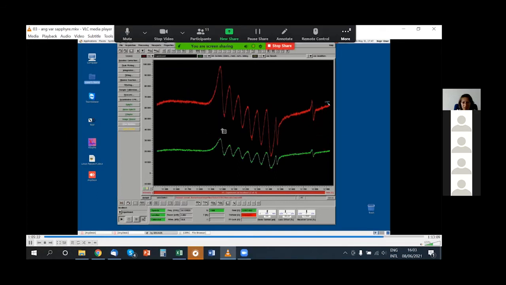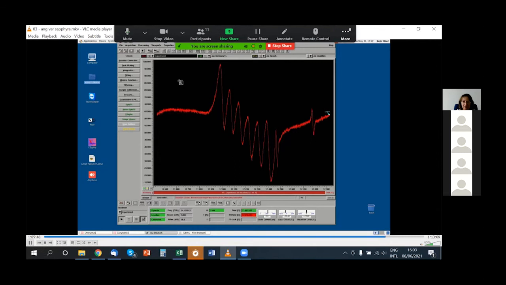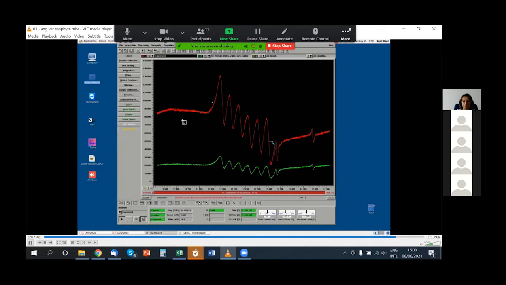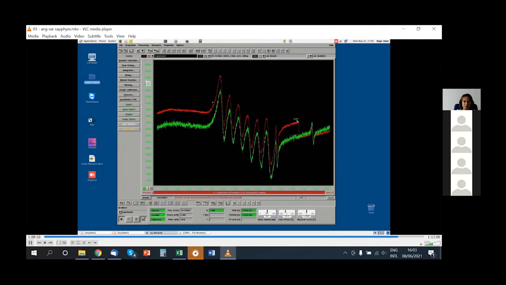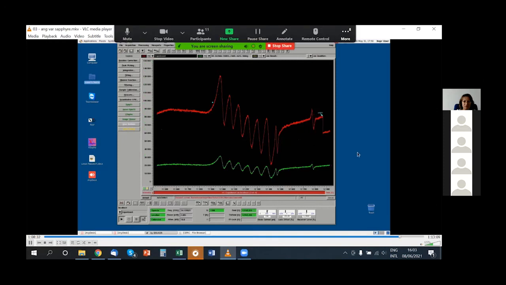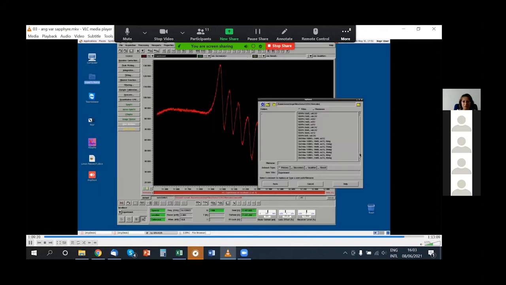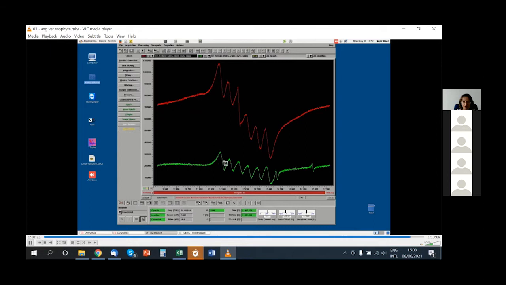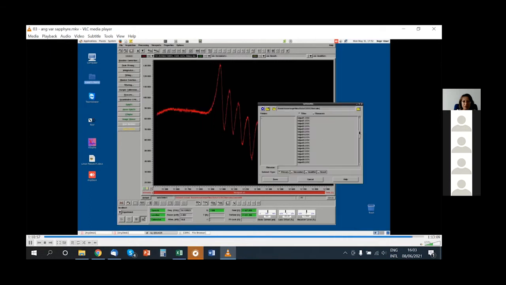Here you see the number of the scans. And we compare with the first spectrum.